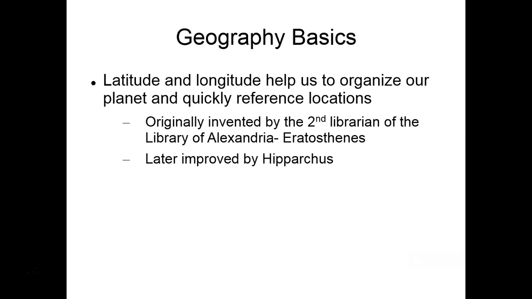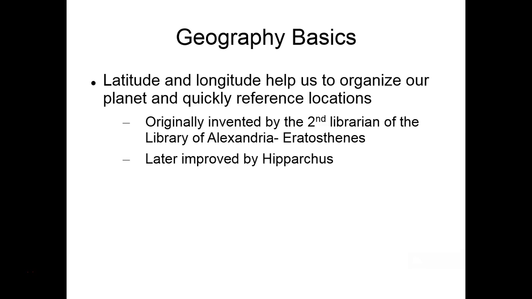His name was Hipparchus. Okay, so that right there should show you that all the way back in the time of the Library of Alexandria, we knew that the Earth was round. So this whole idea that the explorers proved that the Earth was round is not really accurate.